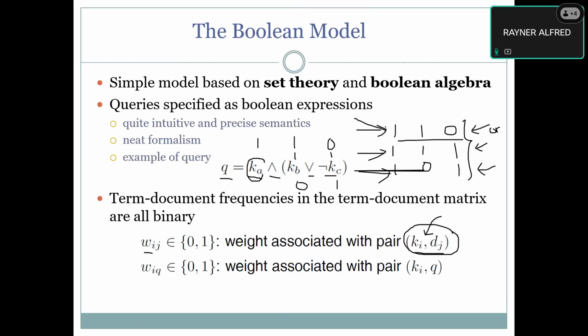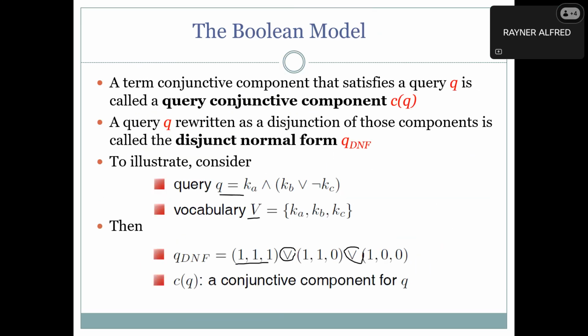Each of these is called a conjunctive component, but when we combine them, they are called the disjunctive normal form. So this is the expression that we are looking for in this query.